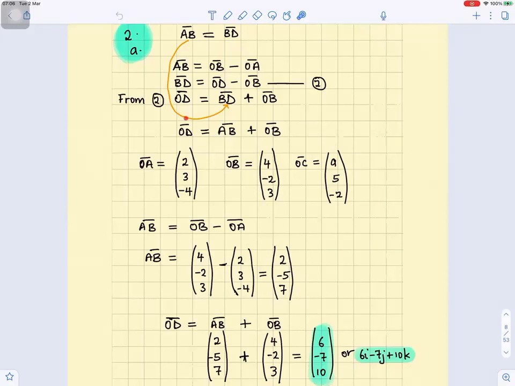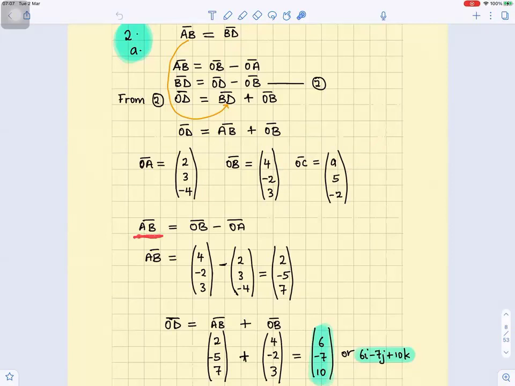So now OD is AB plus OB, because AB is the same as BD. So you've got OA, OB, and OC there.